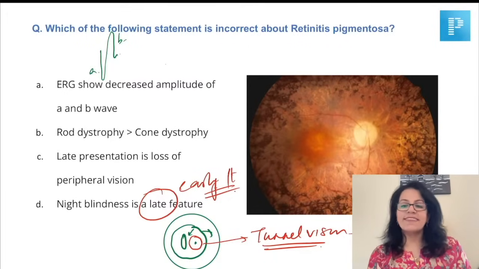Yes, Pihu is saying yes. The options were so easy that you all must not have made a mistake. Right. Any other thing we will discuss?